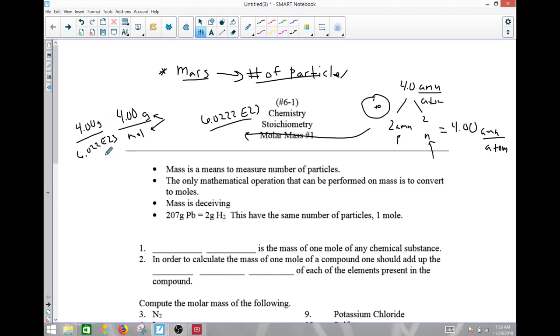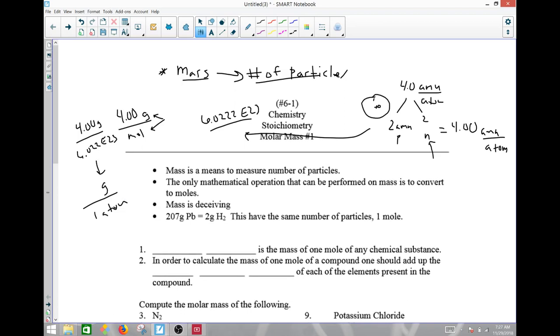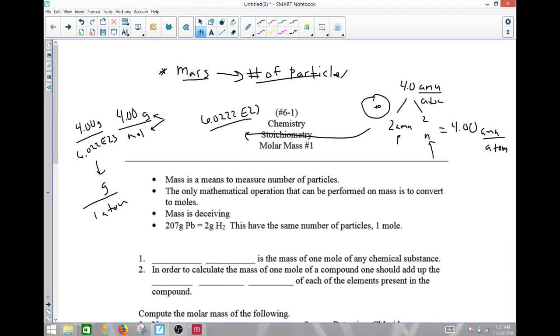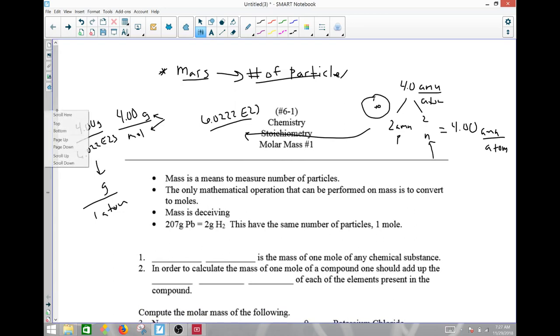If you divide these two, in the simplest ratio, you'd have the grams per one atom, the mass of one atom. It's just a relationship between how much a particle weighs and how many particles you have, and that's an important distinction in chemistry.